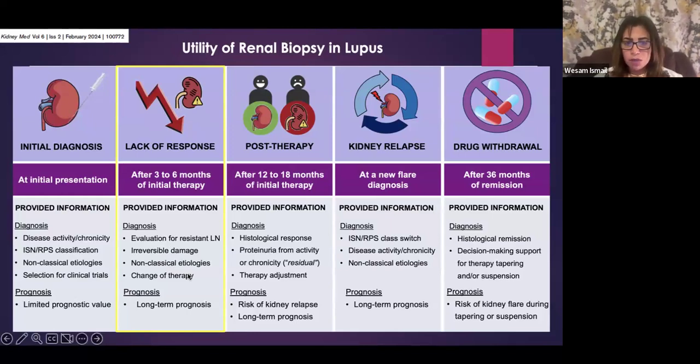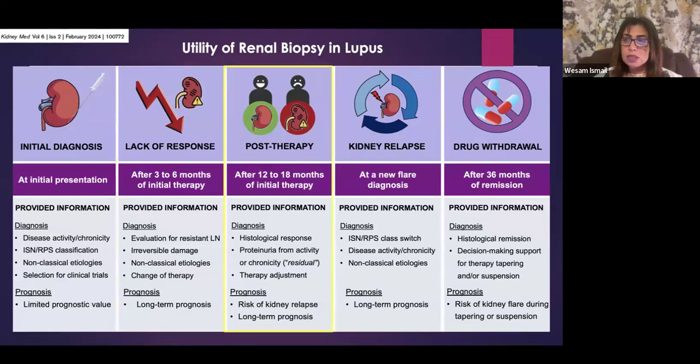Again, it tells you if there is something non-classical or non-lupus going on, and if you need to change therapy. And at 3 to 6 months from the initial presentation, it's going to give you good information about long-term prognosis, because chronic changes, if they were going to occur, would have settled in.